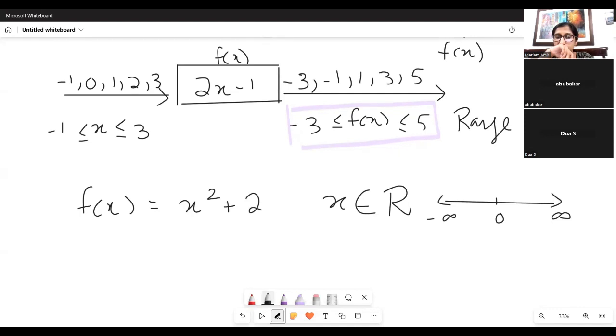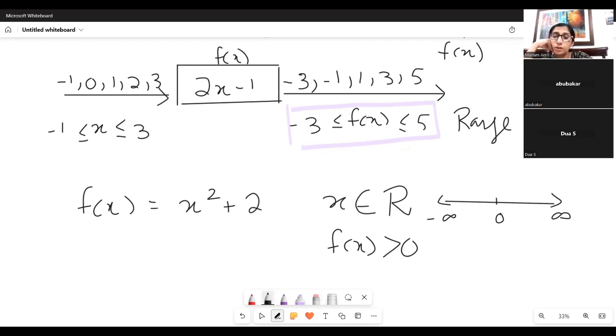Again, you're saying that the output f(x) would also be real numbers, any value on the number line. Yes. Thank you. Can the output be -5? Can there be a negative output? No, x square plus 2, the square is happening. Yes, since it is a square, the output cannot be negative. Okay Abu Bakr, it can't be negative. So then it is wrong that all real values are possible. Not all real values are possible. 0 to infinity. Yes, 0 to infinity can be.